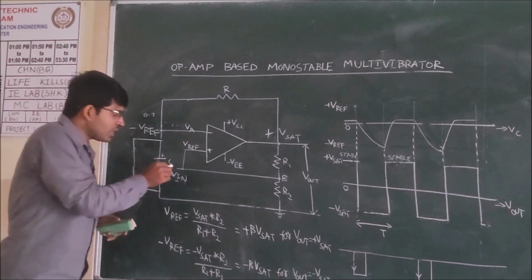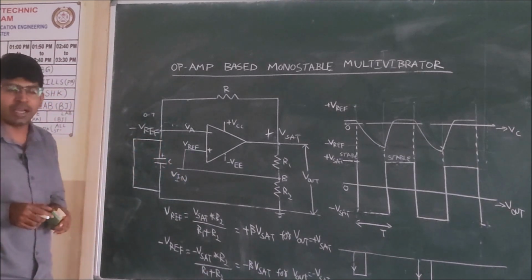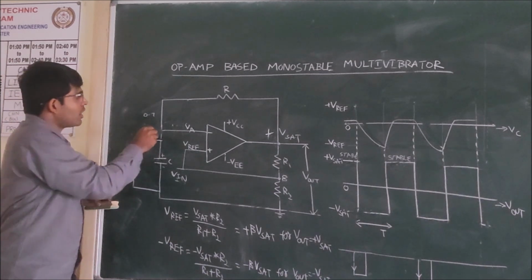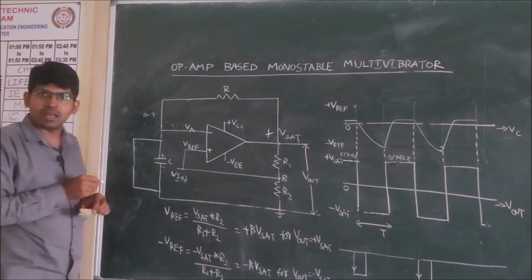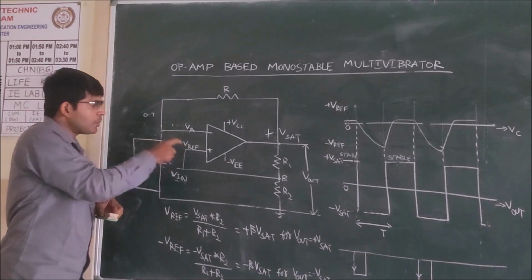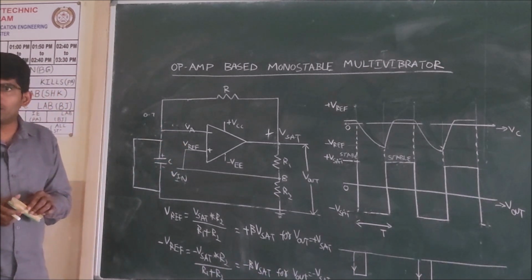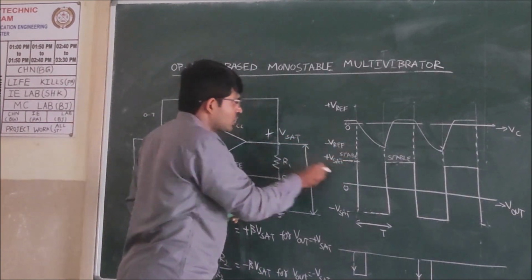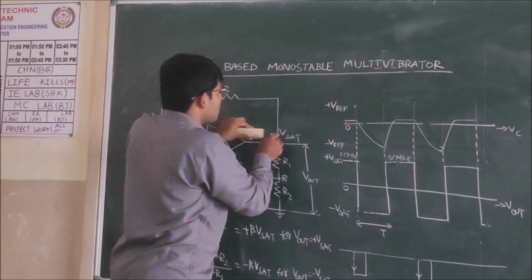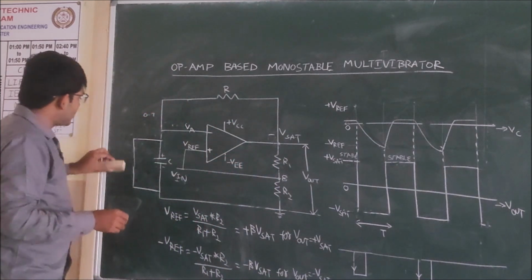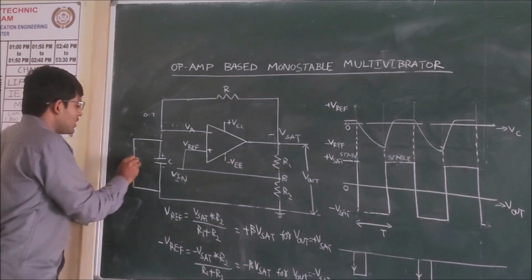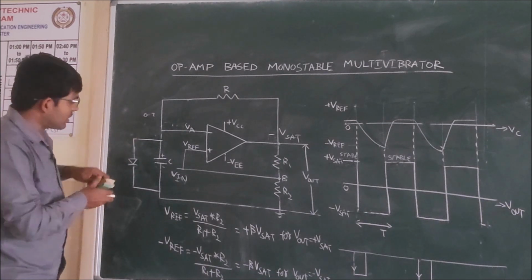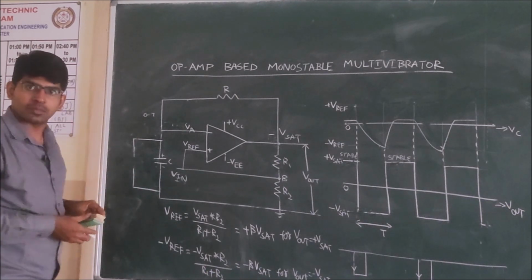Then when we give the negative trigger pulse, the voltage here is more than the reference voltage. That's why immediately its state will switch from plus Vsat to minus Vsat. When it is minus Vsat, the diode is reverse biased. Because the diode is reverse biased, it acts like an open circuit.